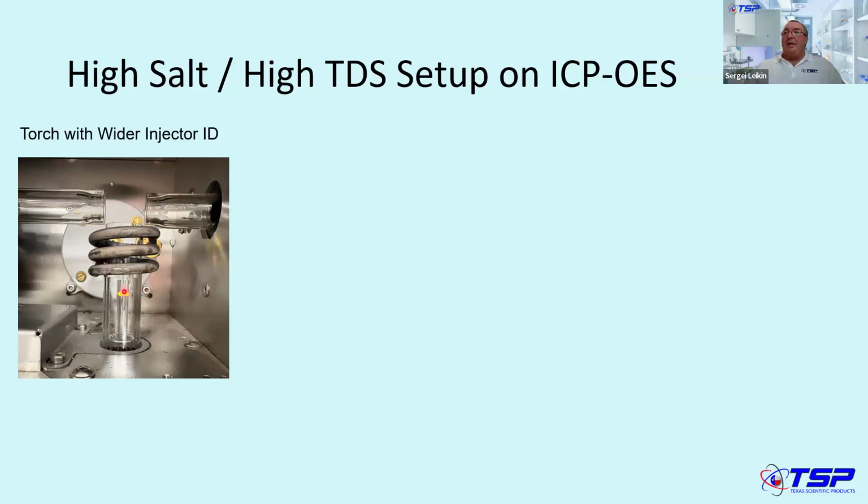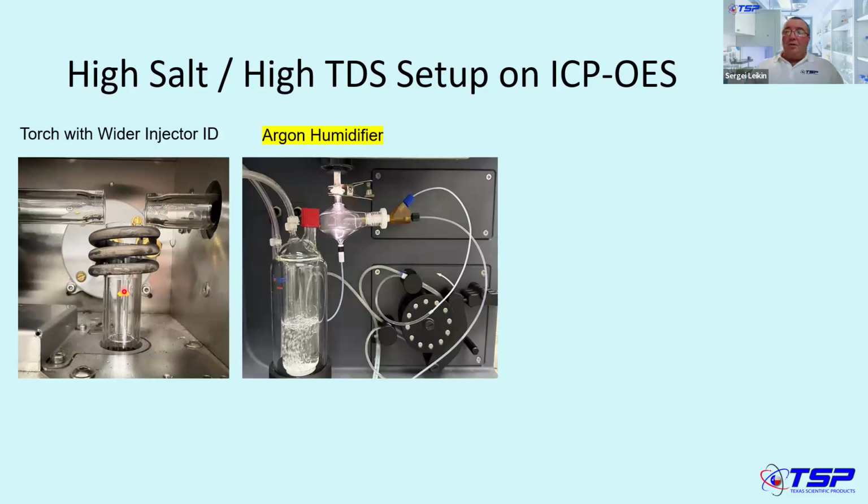That's number one. Number two, usually I put a humidifier somewhere after the nebulizer, spray chamber, and things like that. But recently, within probably the last year, what we experienced by talking to our customers is that they may have the right nebulizer and the right spray chamber, but the argon humidifier is missing.